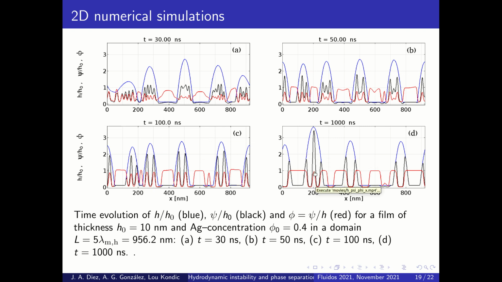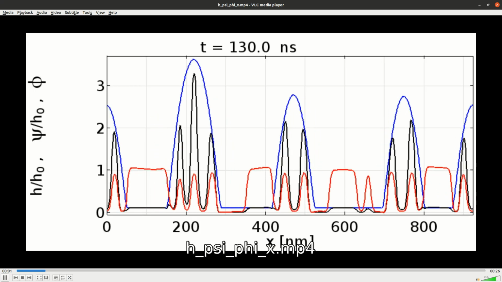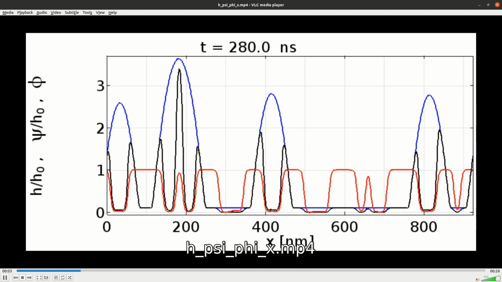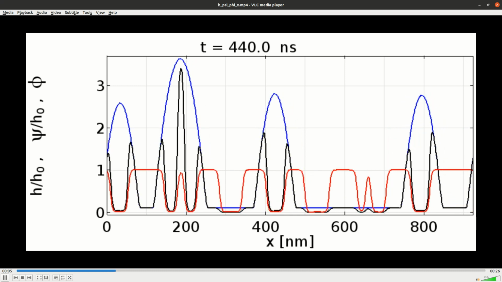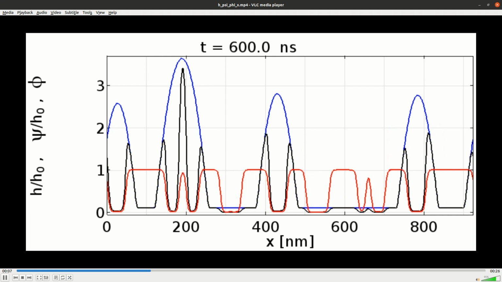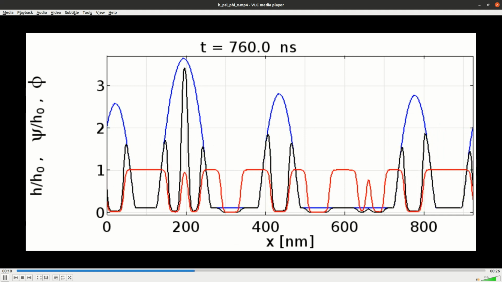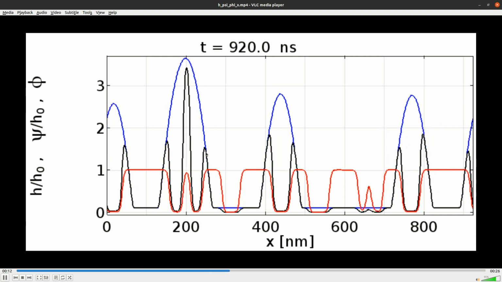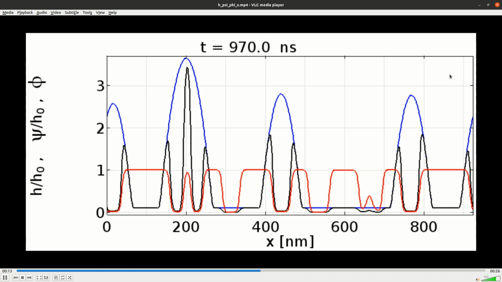By following the red and black lines, we see that inside the drops contoured by blue, we have the separated metals, because the concentration goes from 0 to 1. We can also see a movie of this evolution, to see how, starting from the thin film with some perturbation, we can obtain drops where the phases are separated inside them.